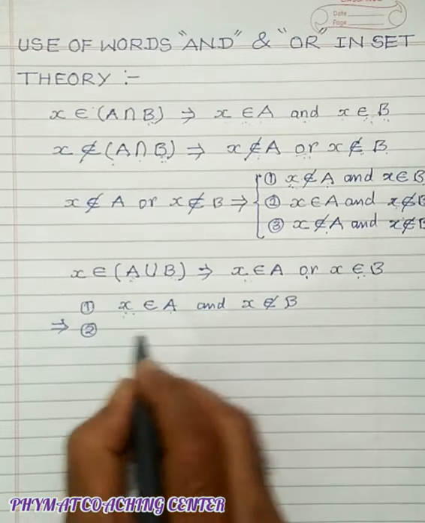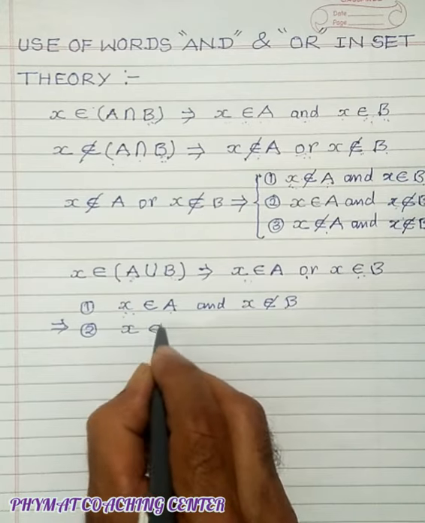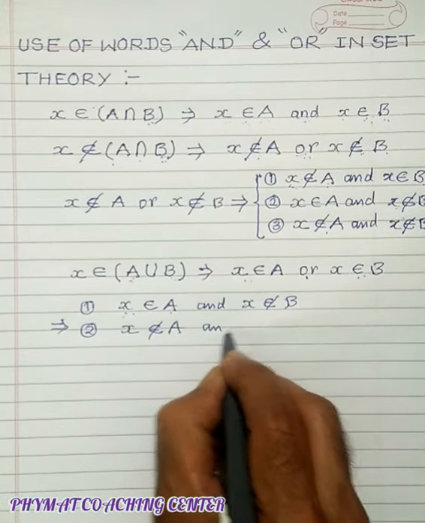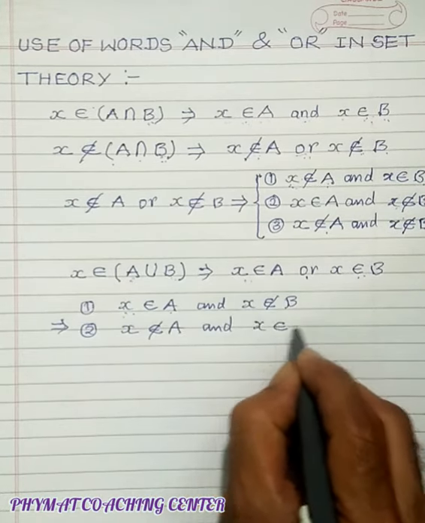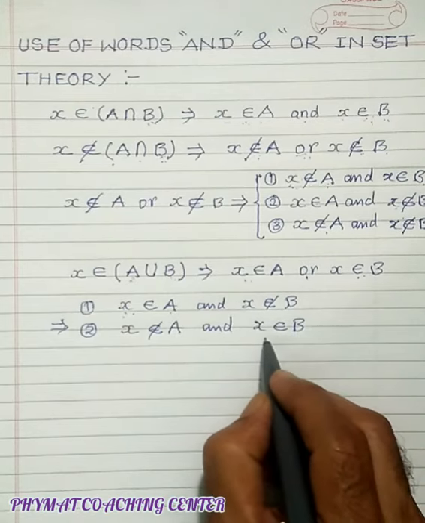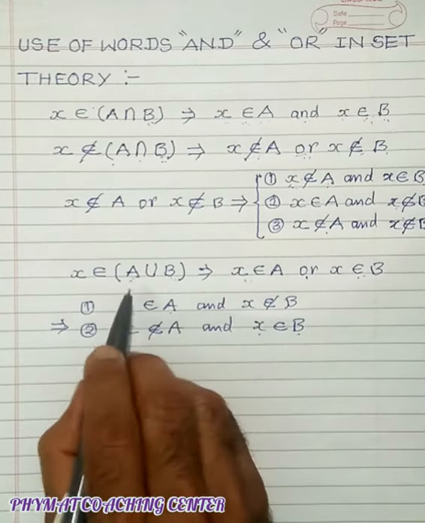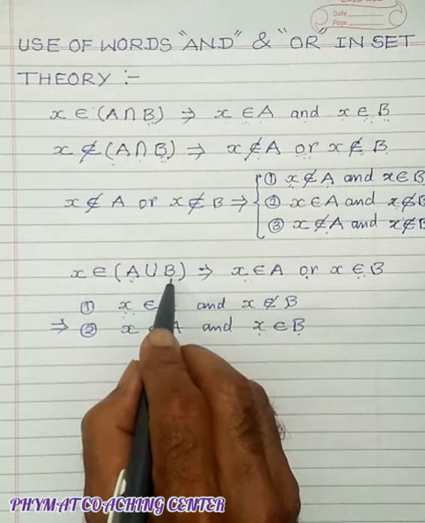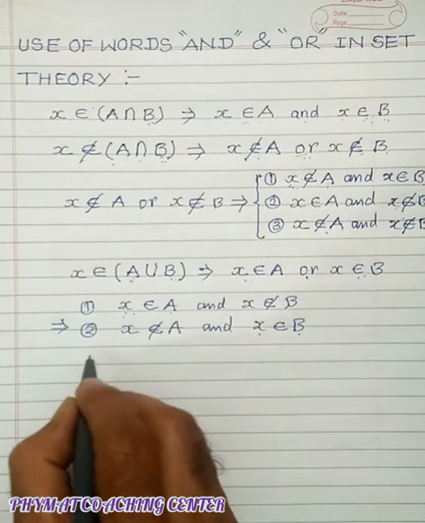Second possibility is x is not a member of A and x is a member of B. In this case also, since x is a member of B, it will be a member of A union B from the definition of union of two sets.